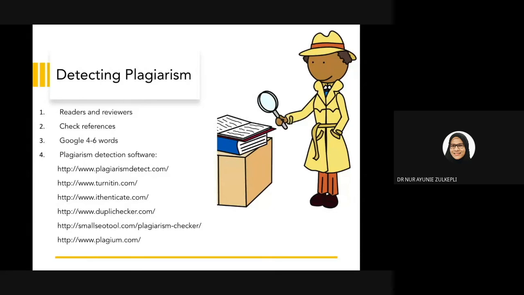Plagiarism is a much bigger issue when it comes to higher degree students, for example Masters or PhD students, whenever they want to publish their article in a journal. Okay, that's going to be a big issue.